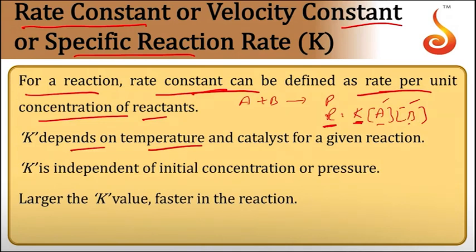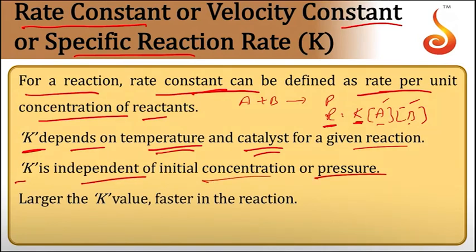K depends on temperature and a catalyst for a given reaction. If you increase the temperature, rate will be increasing, thereby rate constant also increases. And if you add a catalyst, rate will be increasing, then also K will be increasing for us. This implies that K depends upon the temperature as well as catalyst. K is independent of initial concentration or pressure.